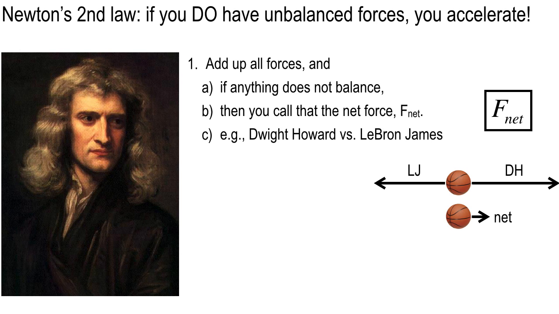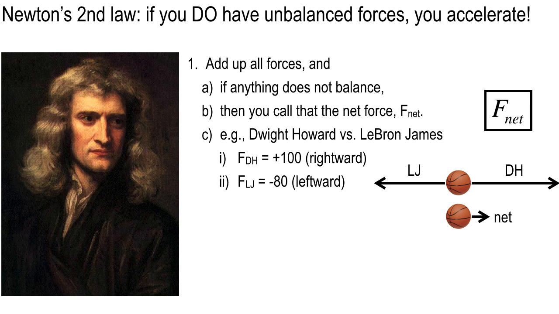So, for instance, Dwight Howard versus LeBron James. If Dwight Howard has 100 metric units of force to the right, and LeBron James has 80 units of force to the left.